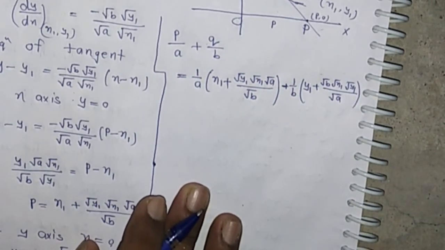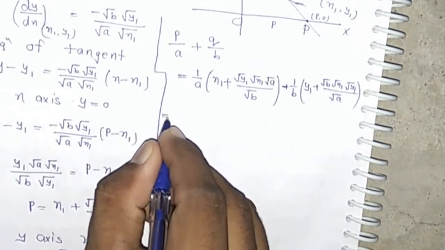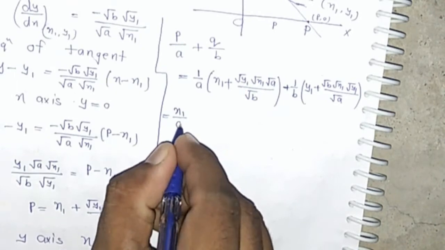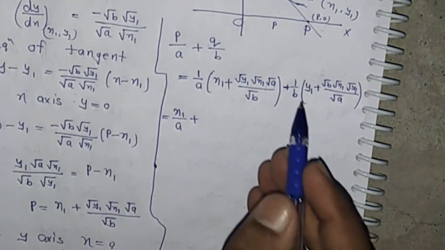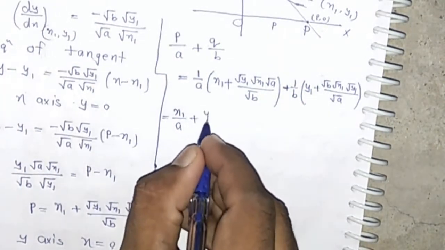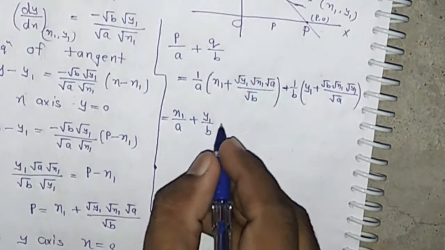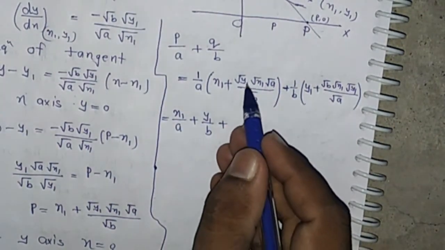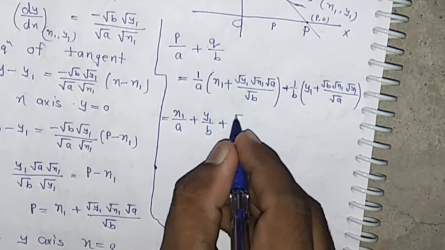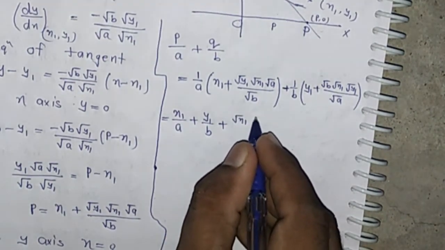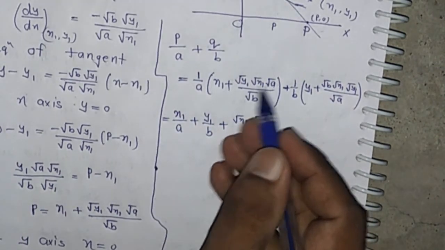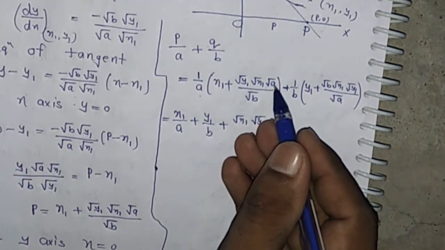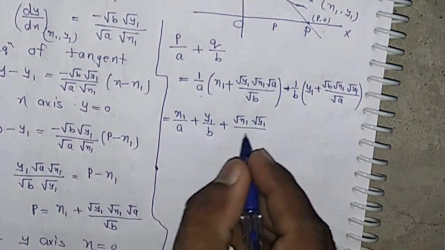Now on multiplying we have x1 by a plus y1 by b plus root x1 root y1 root a by a root b. Root a by a means 1 by root a.